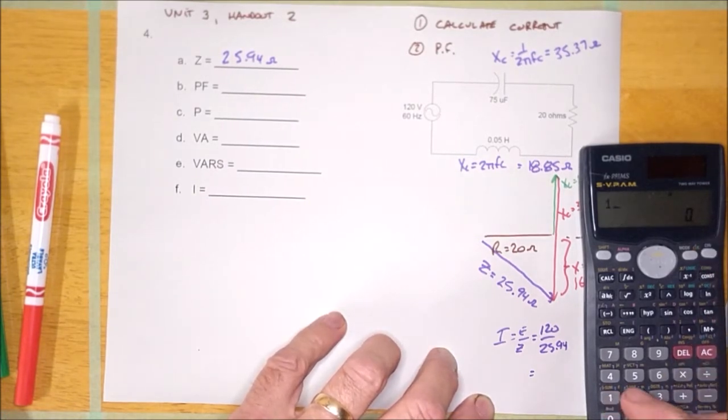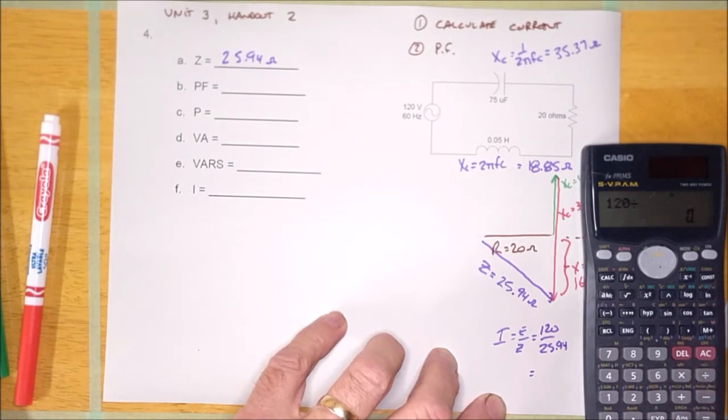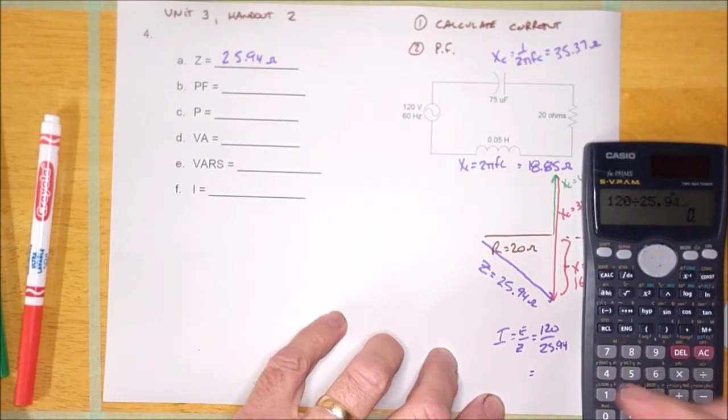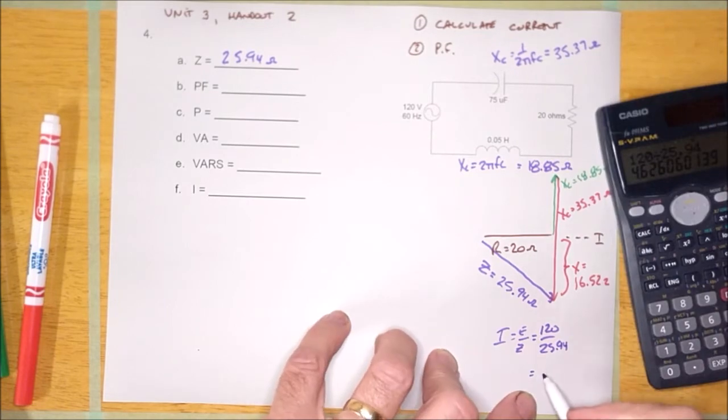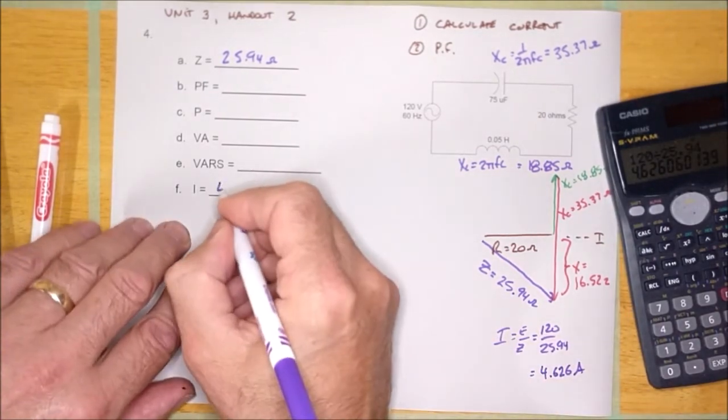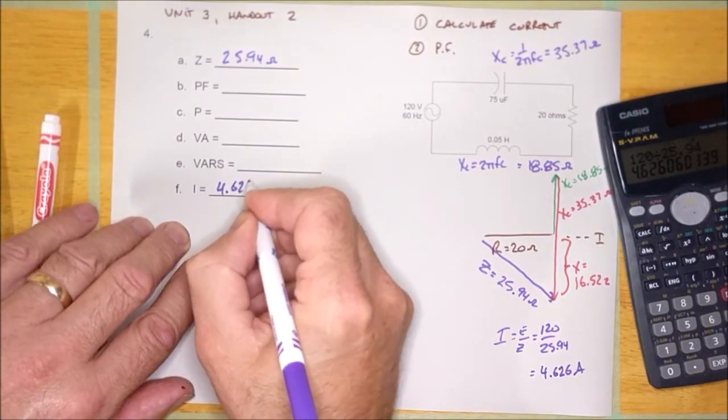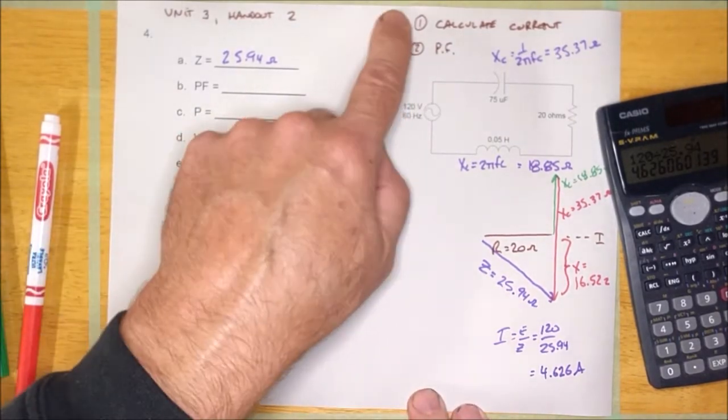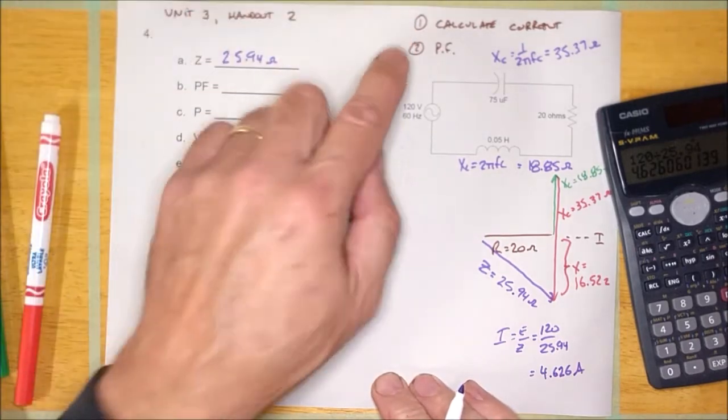Okay, 4.626 amps. So again, we'll put it in here, 4.626 amps.